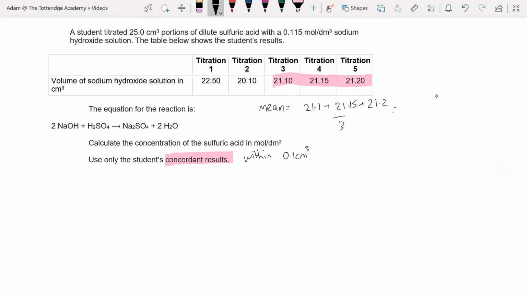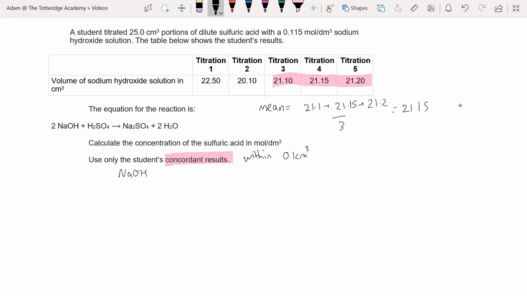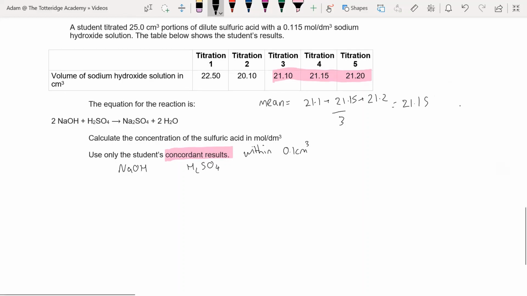That should give you 21.15, which you could have done just by eyeballing those. And that's your volume of sodium hydroxide. All right, let's go around the houses and do the creepy violent monsters. So we've got NaOH, and we've got H2SO4. I would like you to do that one yourself, please.